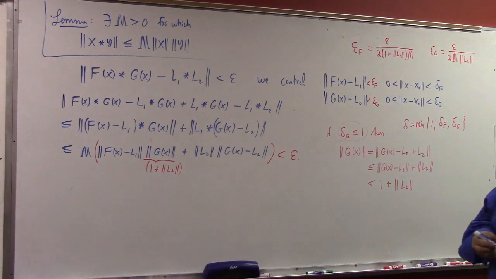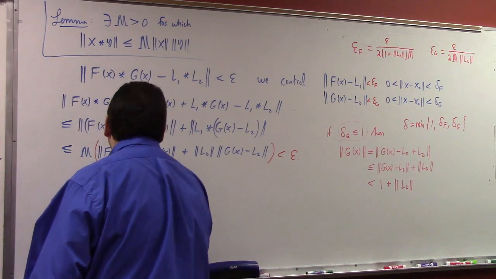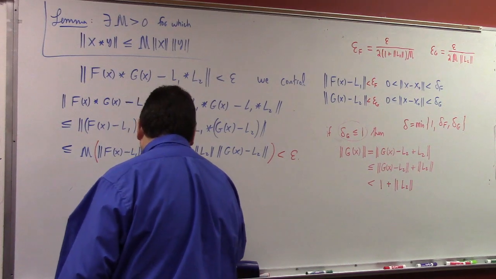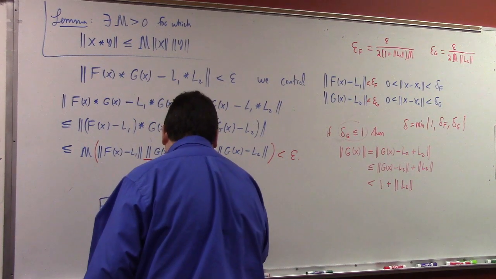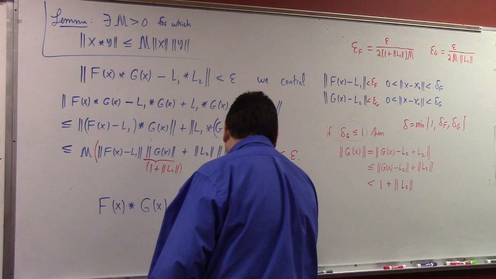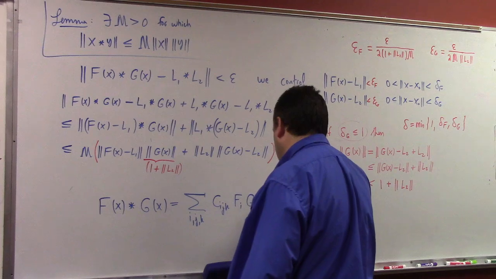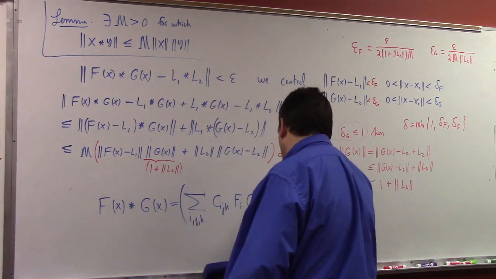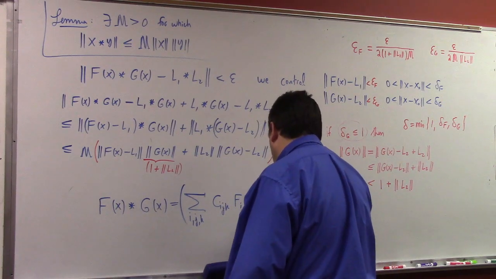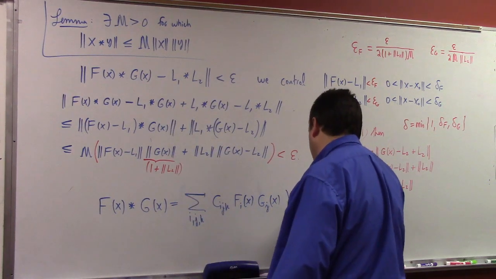Yeah. Now the other way to prove this is just this. This is like the smarter way for me to prove it, in some sense, because no epsilonics. f of x times g of x is just equal to the sum over i, j, k of c_ijk, f sub i of x, g sub j of x, gamma sub k.